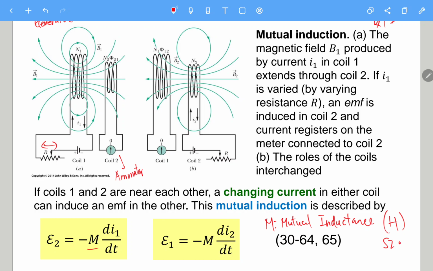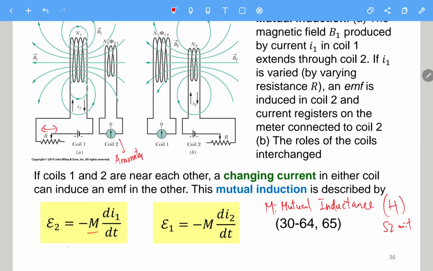The SI unit is still Henry. The only difference is that just now for self-inductance it is E equals negative L di/dt, because we only have a single coil, so we only need one current. The inductance is related to the EMF, or it is nothing but the negative VL.